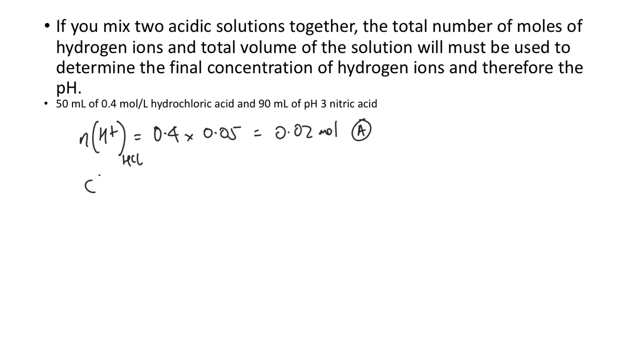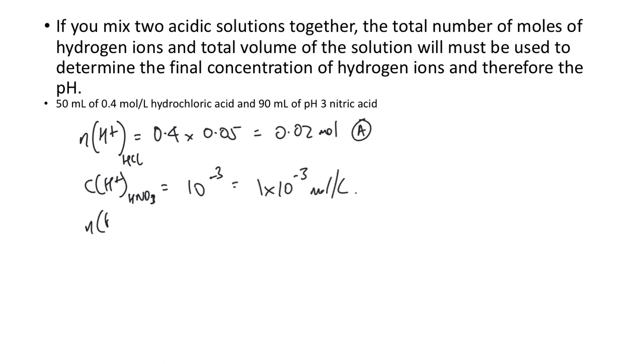The concentration of the H+ from the HNO3, because we're dealing with the H+ in both situations, we've got to annotate it to make it a bit more clear, is equal to 10 to the power of negative 3, which happens to be 1 times 10 to the power of negative 3 mole per liter.